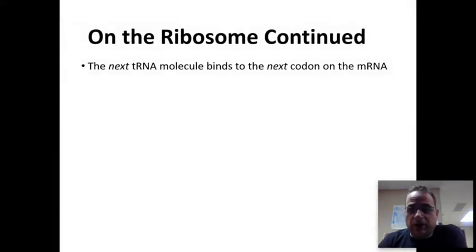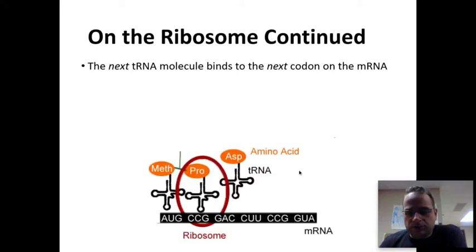The tRNA molecule binds to the next codon on the mRNA. So the tRNA with the amino acid is going to come in and start connecting, almost like on a conveyor belt. This is the mRNA code, and it's going to start connecting these amino acids: the ASP, the PRO, and the methionine.